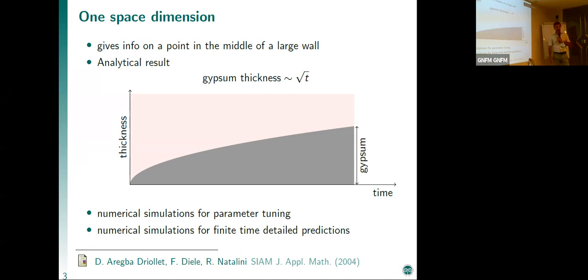But it will tell you something precisely only if you are at a point in the middle of a large flat wall. Because in the middle of a large flat wall, this process is in fact one-dimensional, because there is only one direction of penetration of the gas, which is perpendicular to the wall.